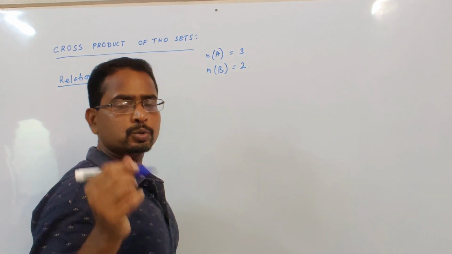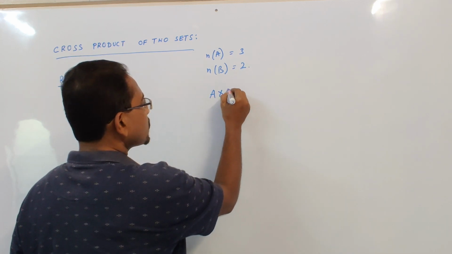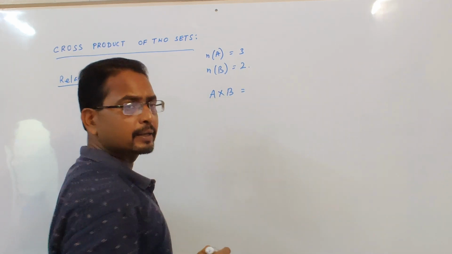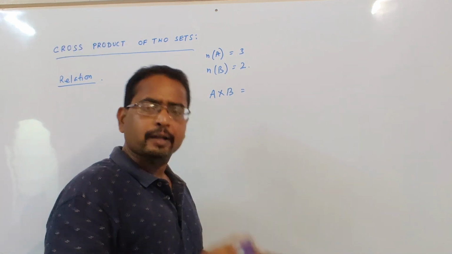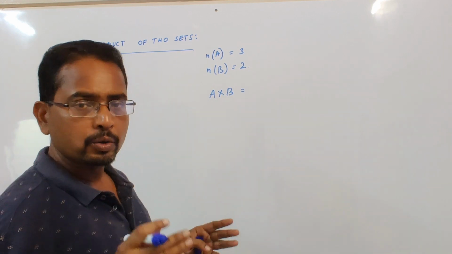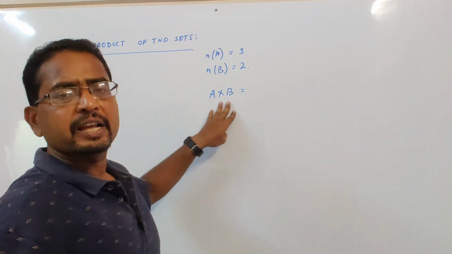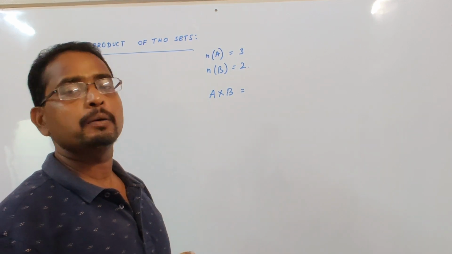If I go for the cross product of A and B, then from the set A cross B, how many different subsets are possible? We want to know that.